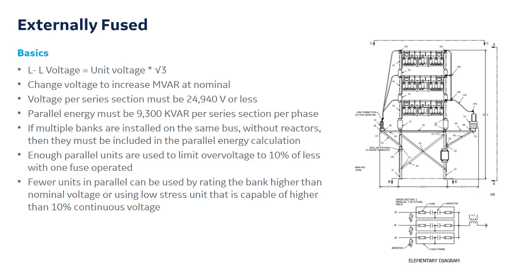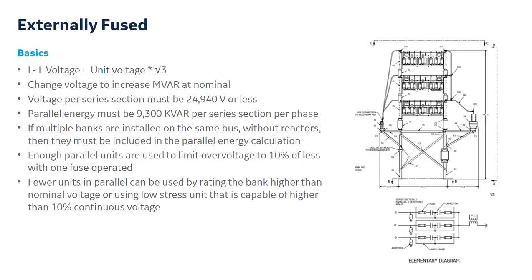Enough parallel units are used to limit the overvoltage to 10% or less with one fuse operated. So when we get a request for a quote, there's a minimum number of capacitors that I can design in order to provide adequate protection.